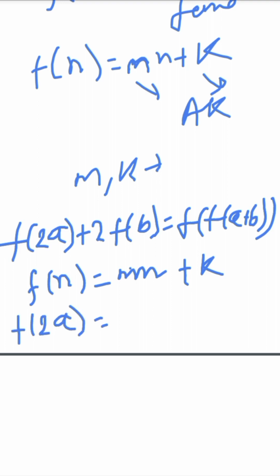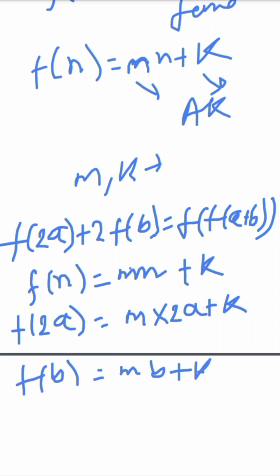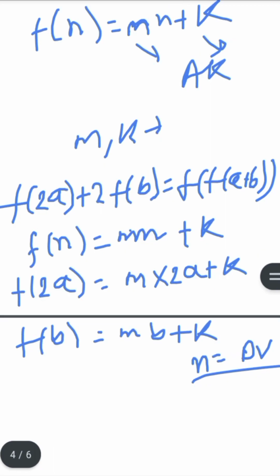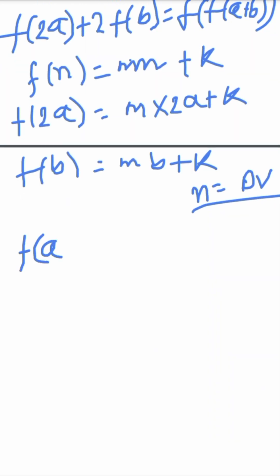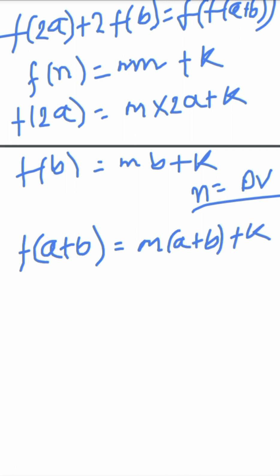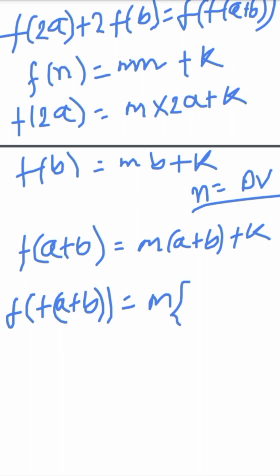So f(2a) will be simply m times 2a plus k, right? f(b) is simply mb plus k. Here guys, n is the dependent variable, remember it. And f(a+b) is simply m(a+b) plus k.